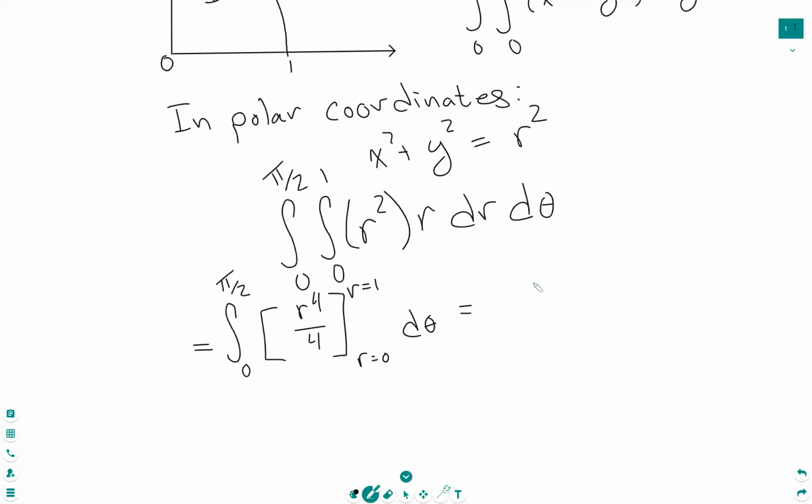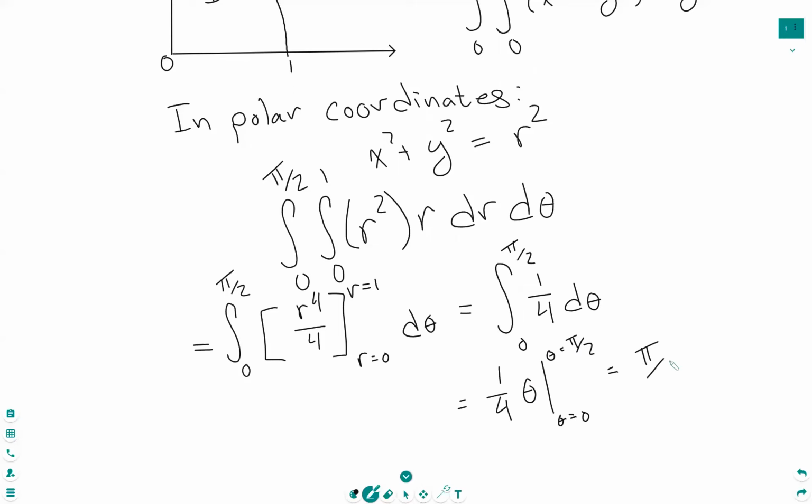d theta, or this is the integral from 0 to pi over 2, 1/4 d theta. And now this is just one-fourth times theta, theta from 0 to pi over 2, or pi over 8.